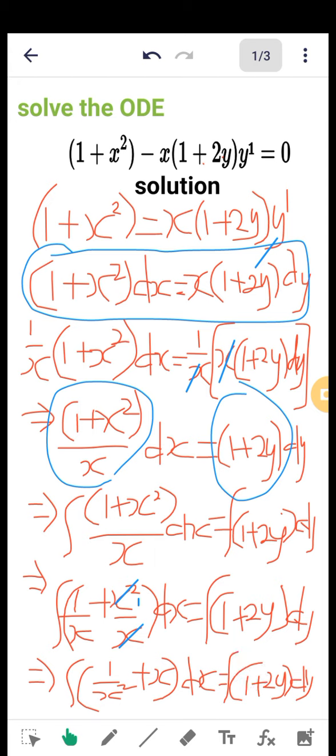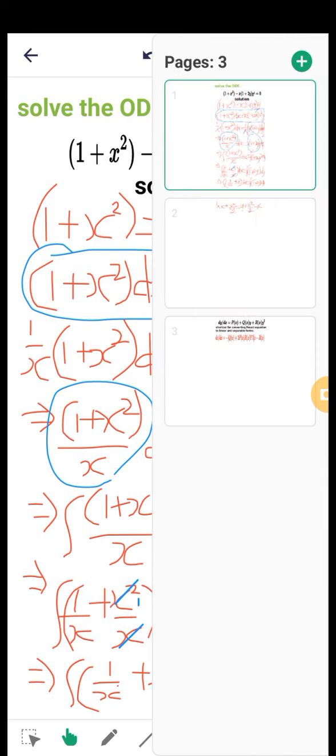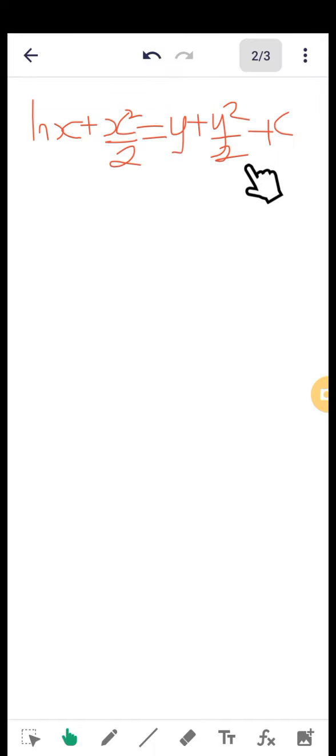We know that when we integrate 1 over x, we get ln x, because it's a function and its derivative. When we integrate x, we get x²/2. When we integrate a constant 1, we get y. And when we integrate 2y, we get y²/2, giving us this equation.